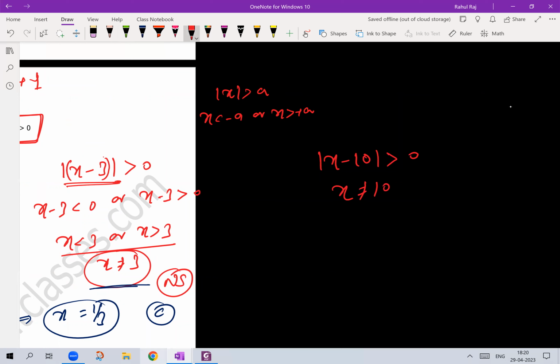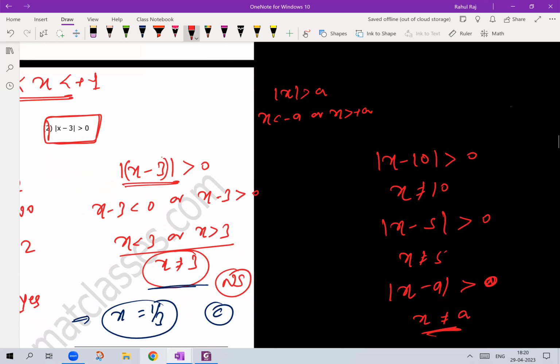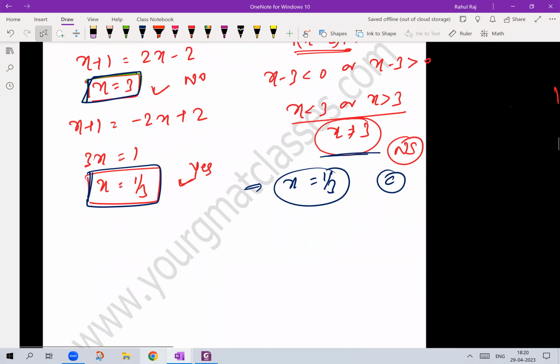It could be any other number. Mod of x minus 5 greater than 0 simply means x is not equal to 5. I can generalize it by saying mod of x minus a greater than 0 simply means x is not equal to a. That's it. So if I combine it, you have the answer.